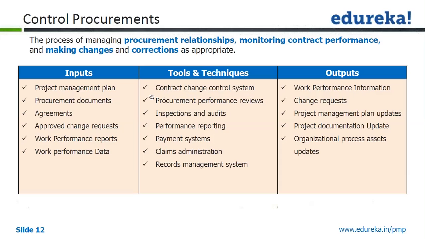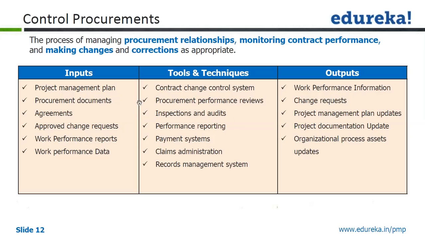Just like a change control board, the contract change control system will be used for managing any changes to the contract. Procurement performance reviews look at how the seller is performing in terms of time, cost, quality, and so on. As part of that, we'll use inspections and audits to accept the deliverables and to suggest any changes to the processes.